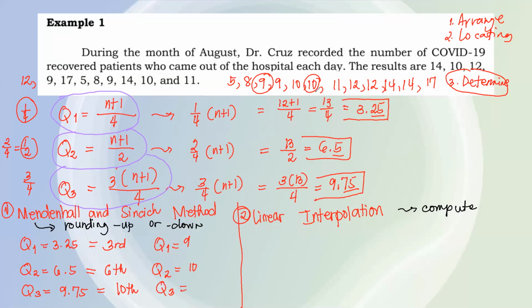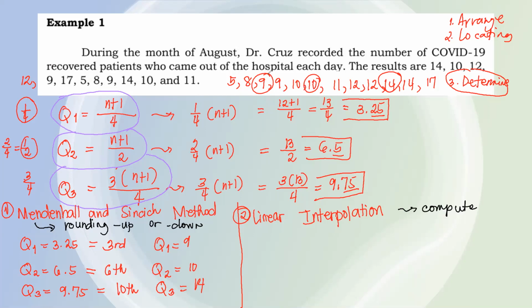So this is the 6, 7, 8, 9, 10. So this is the 10th data. And that is 14. Okay? So kung makikita nyo dito, we have the third, the 6th data, and the 10th data.